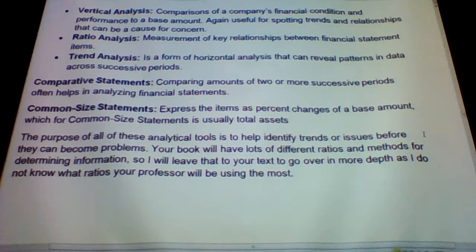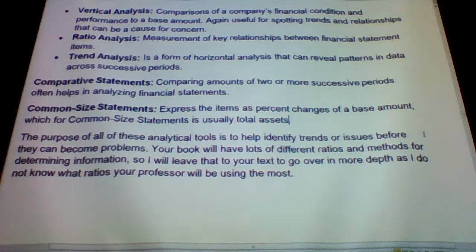Your book will have lots of different ratios and methods for determining information. So I will leave that to your text to go over in more depth, as I do not know what ratios your professor will consider the most crucial or will be using the most of.